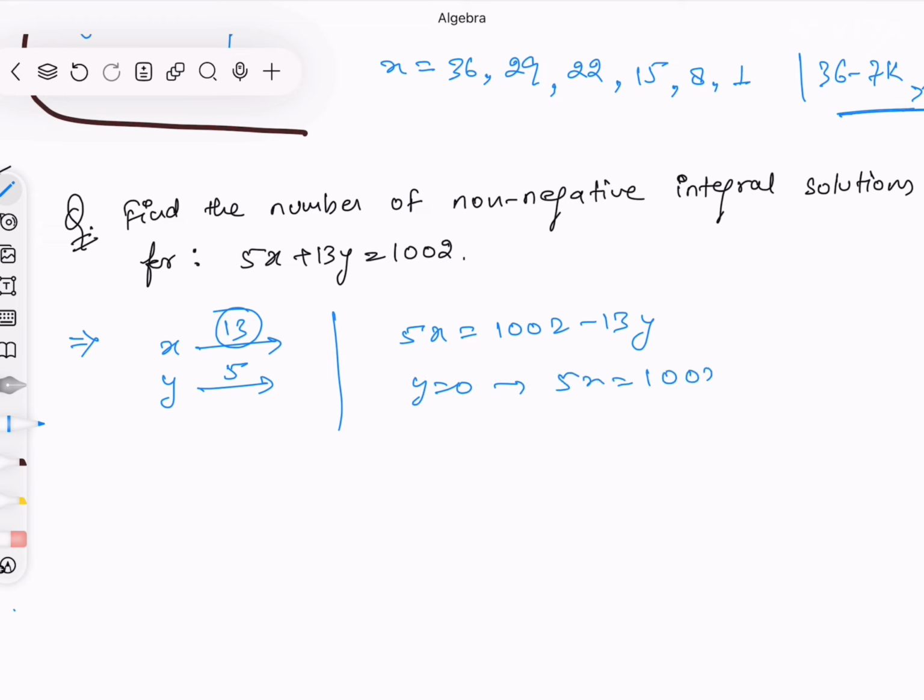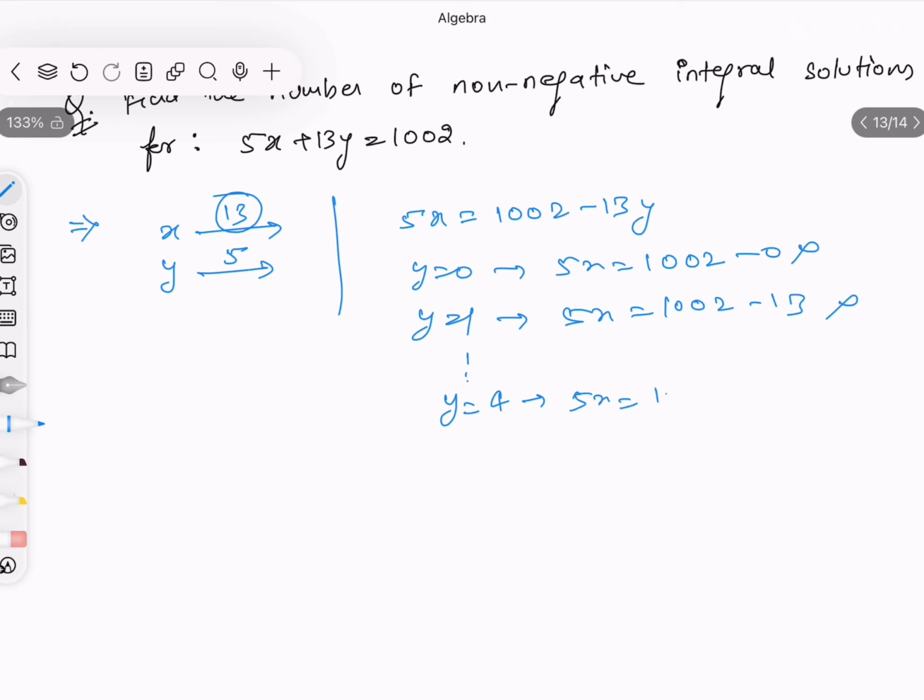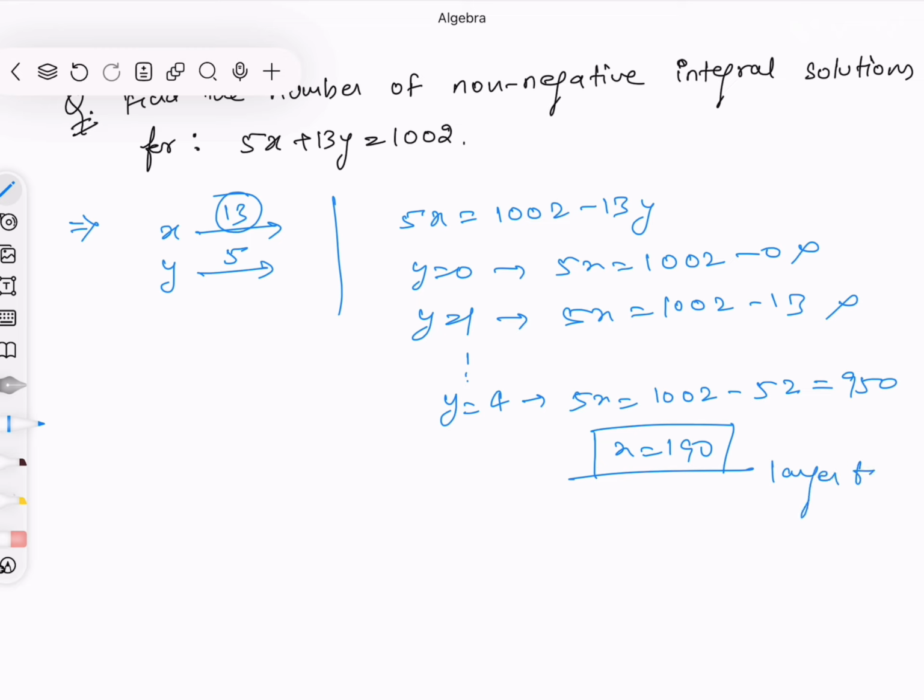So this is not possible since x will not be an integer. y equals 1, 5x equals 1002 minus 13. So again x will not be an integer. And so basically if you put y equals 4, it will be 52. So that is 5x equals 1002 minus 52, so that would be 950. x will be 190 and this will be largest. Why largest? Because y is in negative.